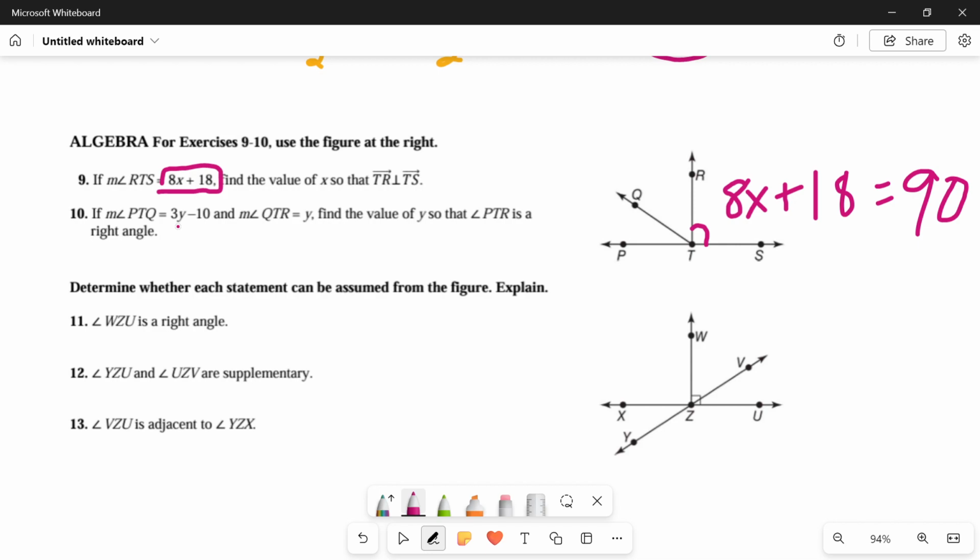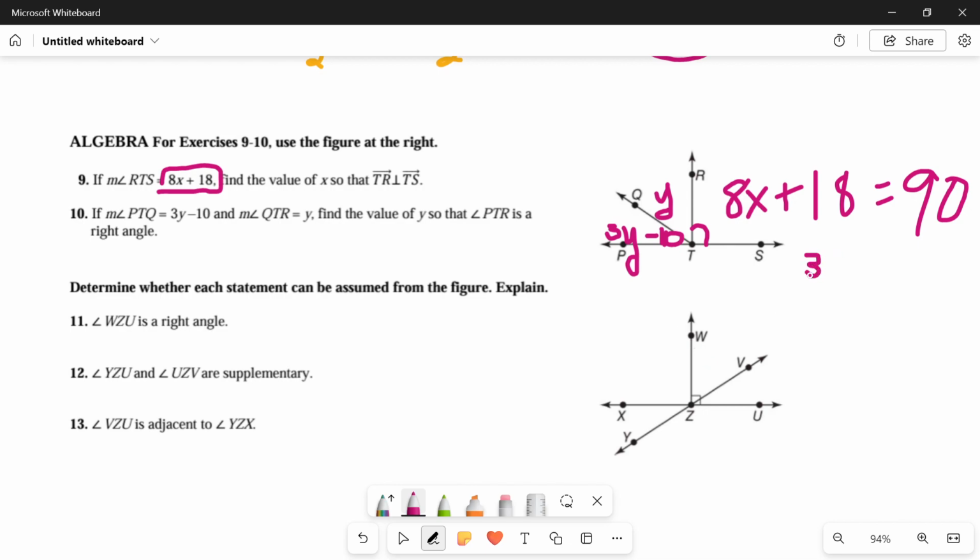All right, next it says if the measure of angle PTQ is equal to 3y minus 10, and then QTR equals y, then you have to have 3y minus 10 plus y equals 90.